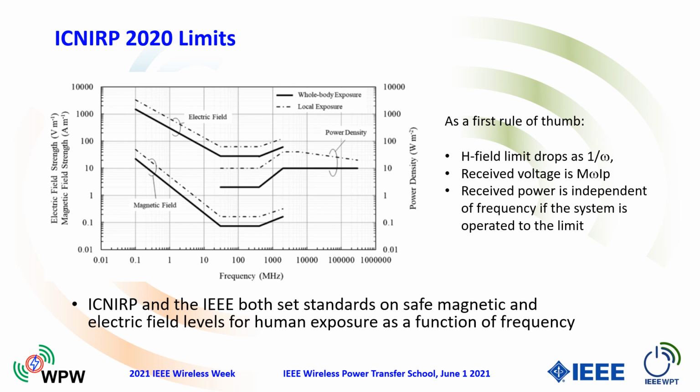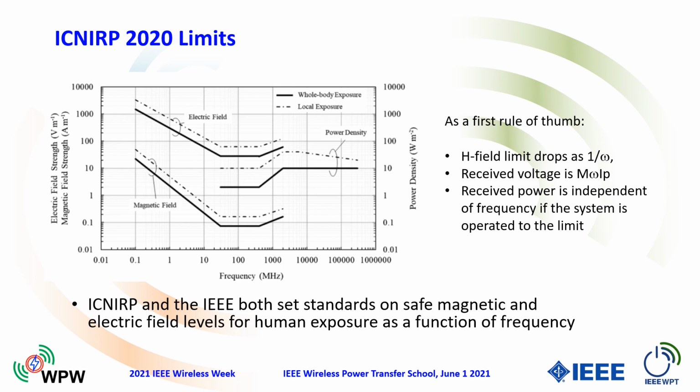This is the 2020, the recently updated set of limits of magnetic field against frequency, and you can see that we're actually at pretty low magnetic field strengths here. It's actually in the microtesla when you start to get into the low megahertz range. First rule of thumb, however, the H field limit drops as 1 over omega. The received voltage goes as M omega times primary current.